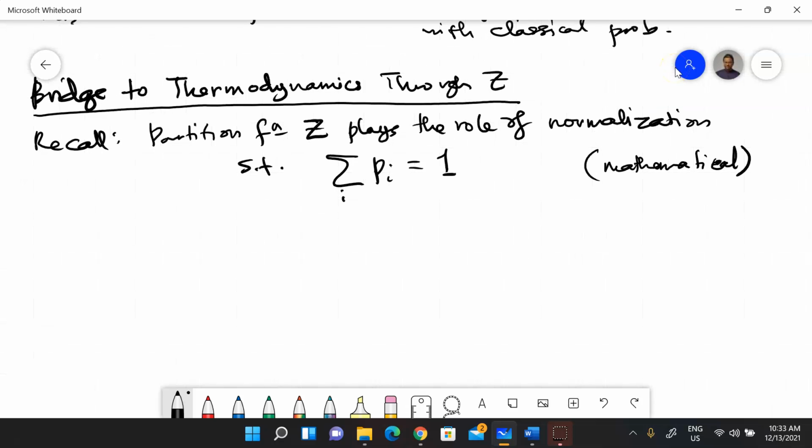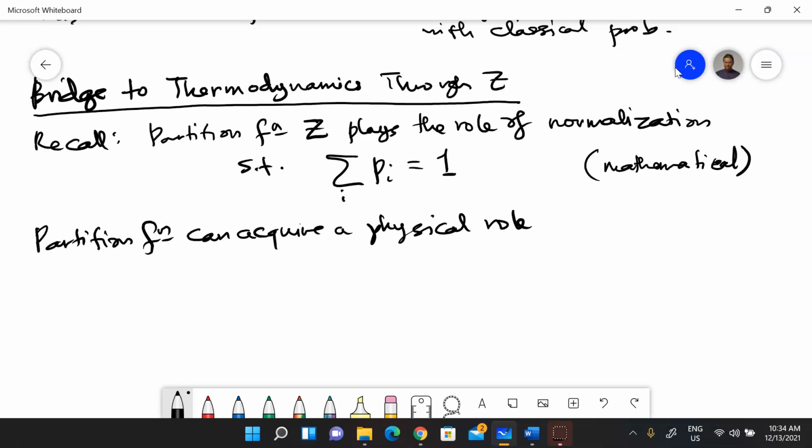The partition function can acquire a physical role in a way, and this will relate to thermodynamic properties. So this is what we're going to do.